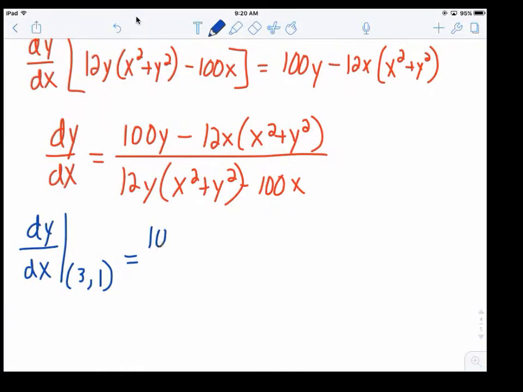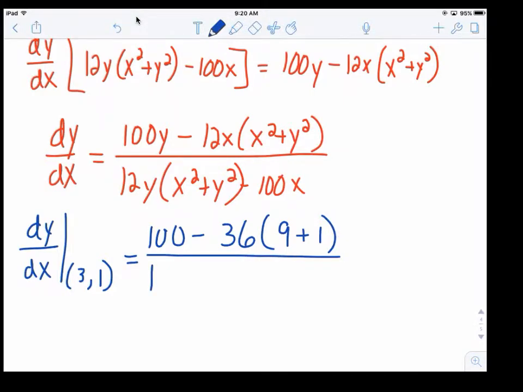So you have 100 minus 12 times 3 is 36 times 9 plus 1, over 12 times 9 plus 1 minus 300.